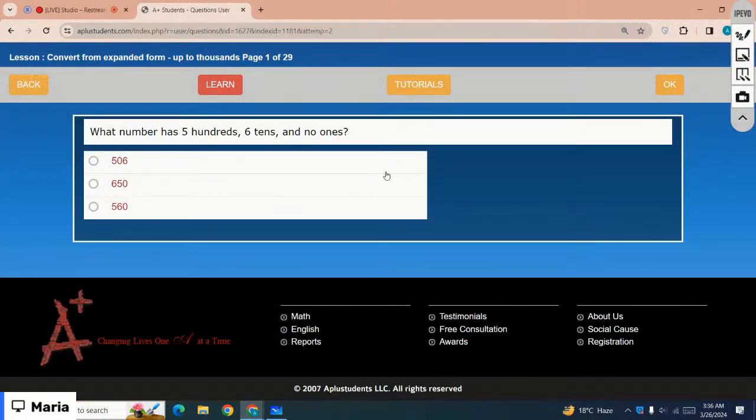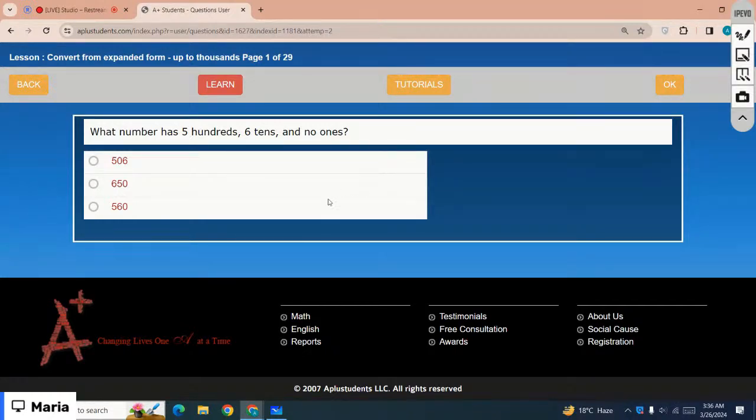The next one is what number has 56 tens and no ones? No ones means zero, right? Which is the correct option? 506, 560.